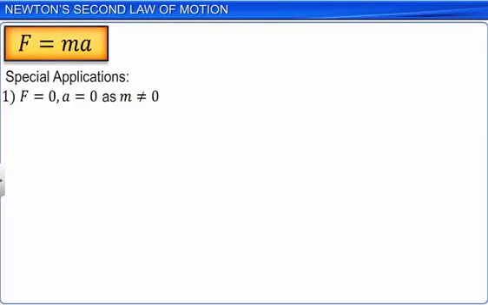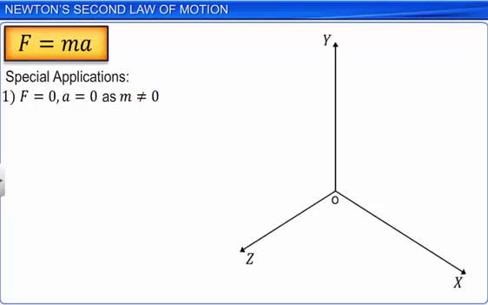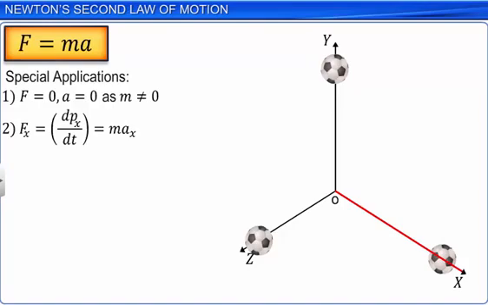Since force applied and momentum are vectors, we can apply the law by taking their components in the three coordinate directions, that is, x, y and z. Fx is equal to dpx by dt, which is equal to max.